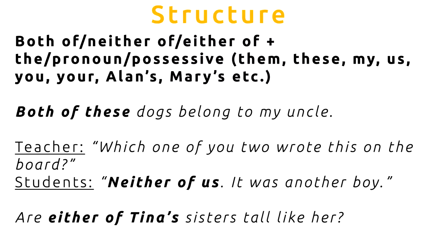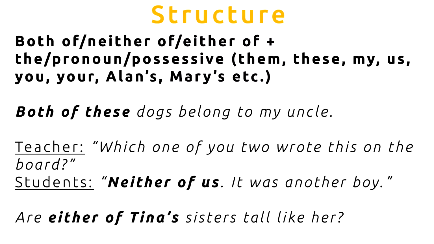Or you can use a pronoun, for example, he, she, or it. Or you can use a possessive. A possessive is something that belongs to someone. For example, Alan's or Mary's.